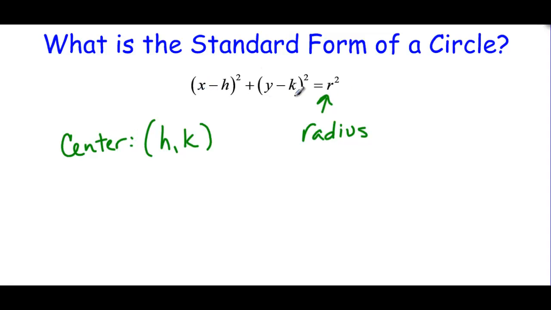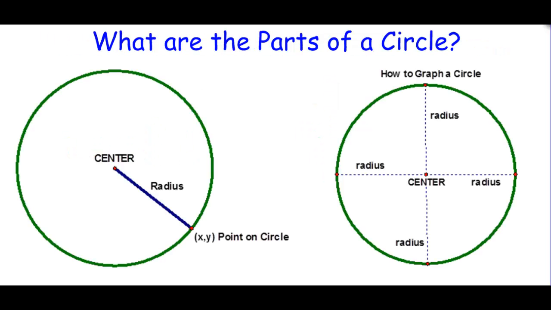Now the reason it looks like this equation, I'm going to go back one screen just so you can see, but when you have a circle, any point on the circle we can get by forming a right triangle. You don't have to draw this in, but remember, in a right triangle we have a squared plus b squared equals c squared. And if I pick any point on the circle, I can draw all these right triangles.